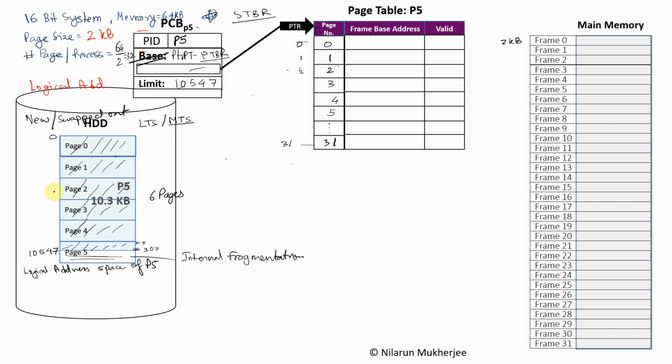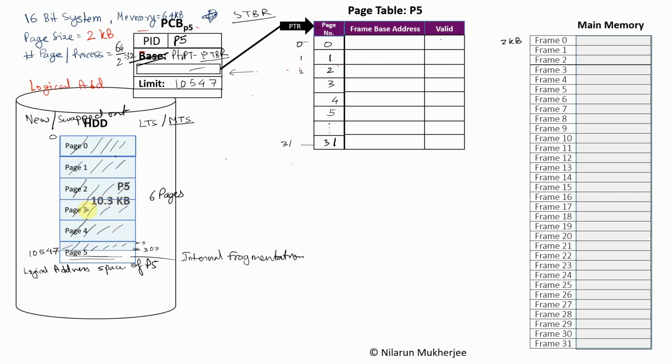Among them, how many are used? Initially, when the process is submitted, OS first creates the PCB and creates the page table. And here, as the limit is same for all pages, it is not stored explicitly, but the valid bit is set. OS divides the process.